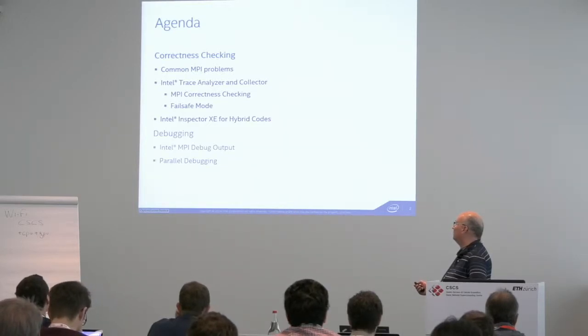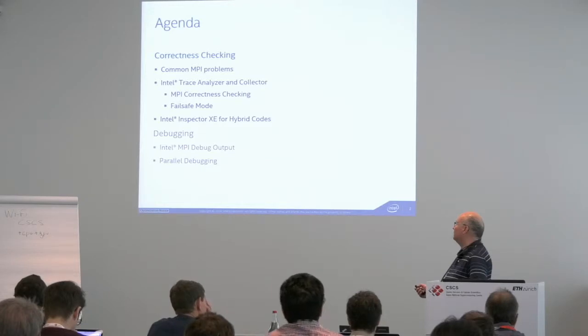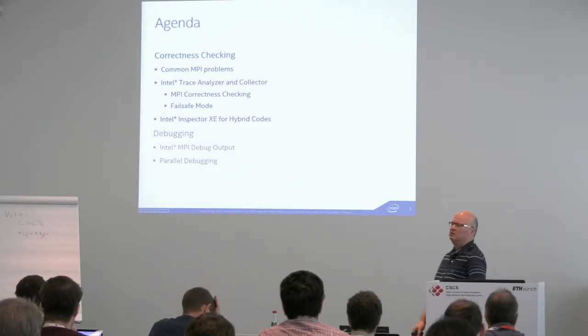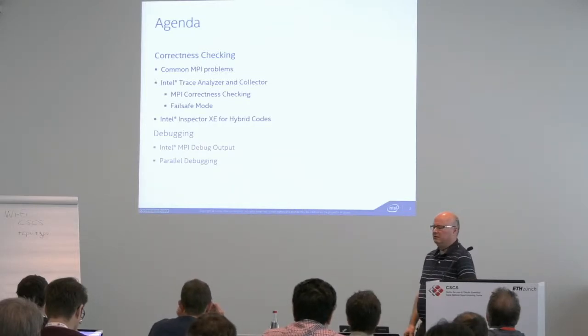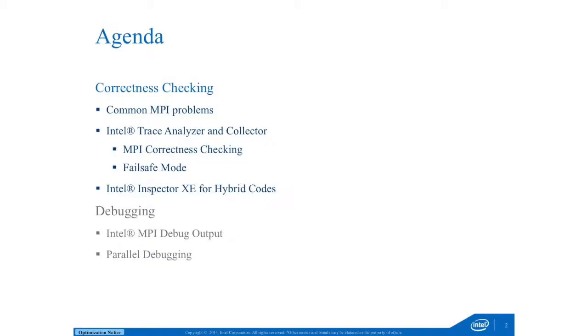Besides MPI correctness checking, there is the fail-safe mode. Fail-safe mode is used for Intel MPI: a special implementation that tries to get a trace file even when the application crashes.